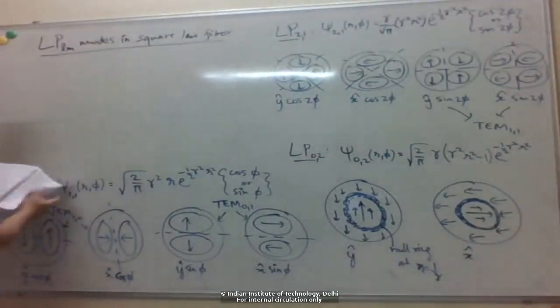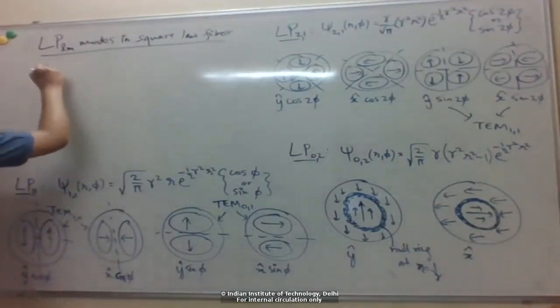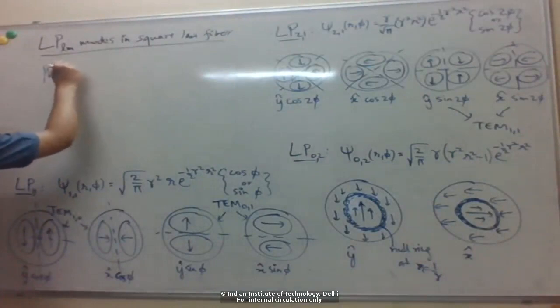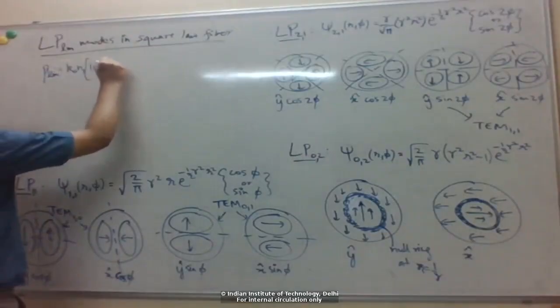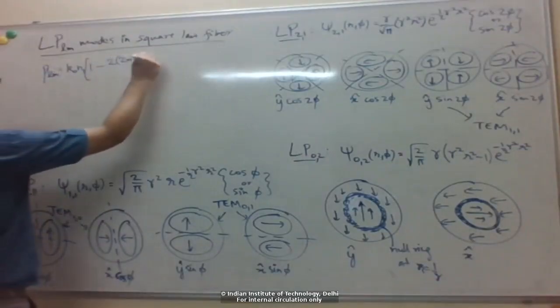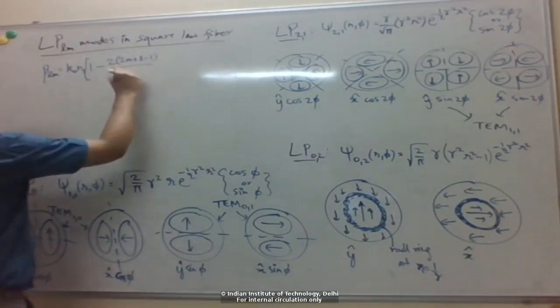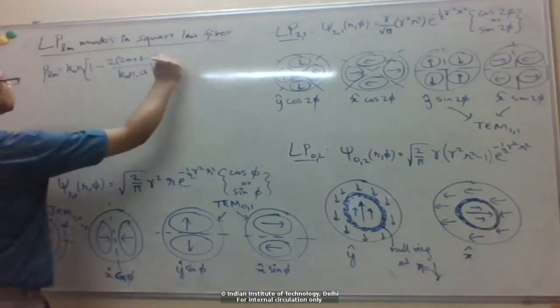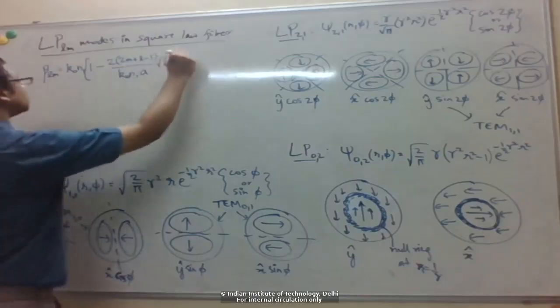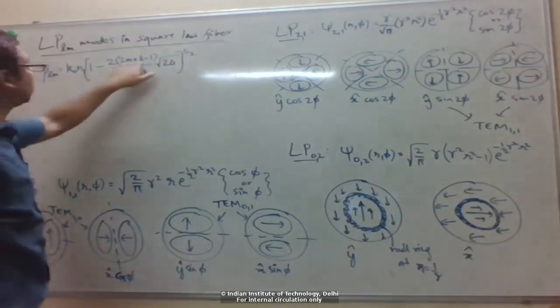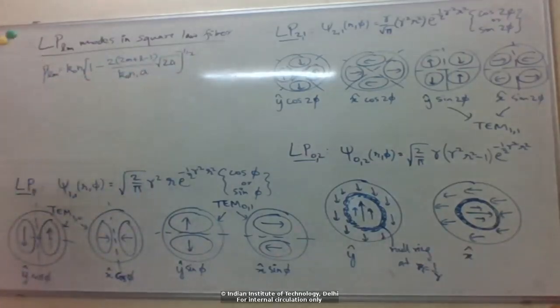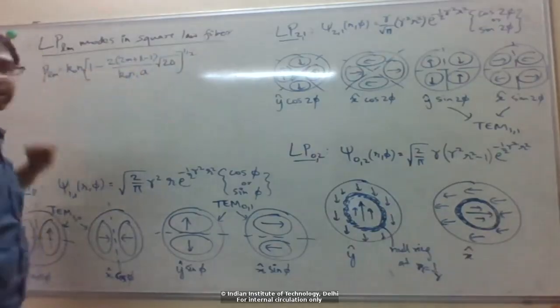If you write that expression for the propagation constant again, you can see the propagation constant depends on only 2m plus l. So modes which have the same value of 2m plus l are degenerate.